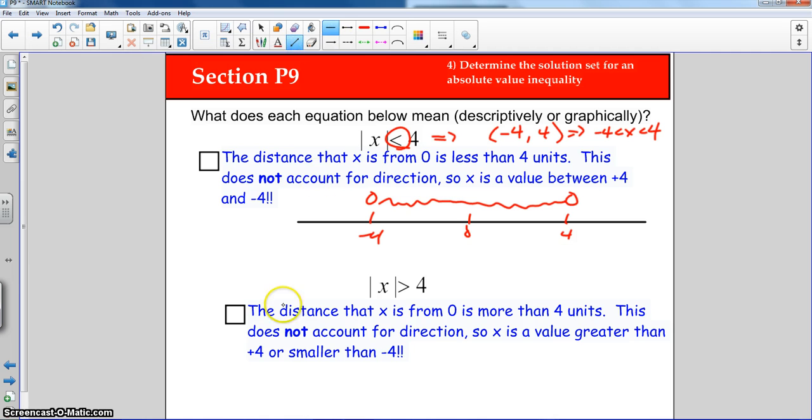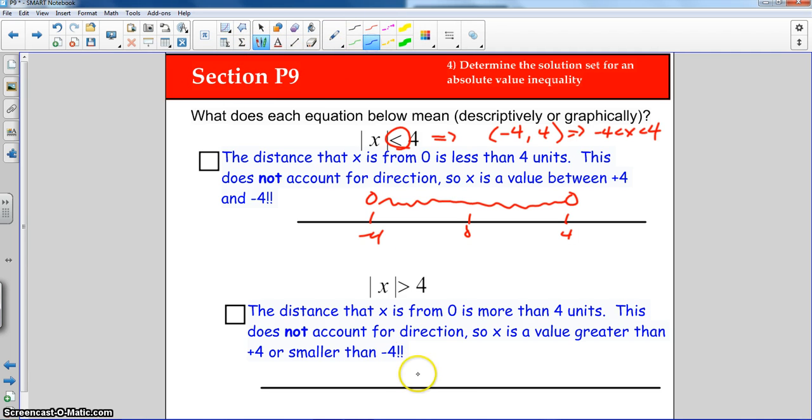And if we look at a number line now, this is a completely different case. So in this case, here's 0, here's 4, here's -4. What we're saying is, okay, we have open circles at 4 and -4. If the distance is more than 4 units, it's actually out here. So it goes this way and this way.